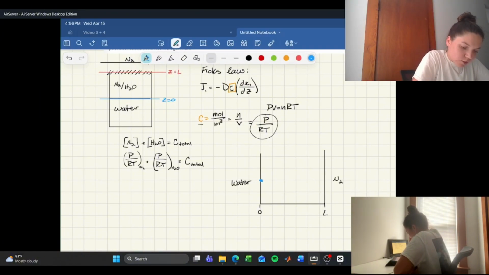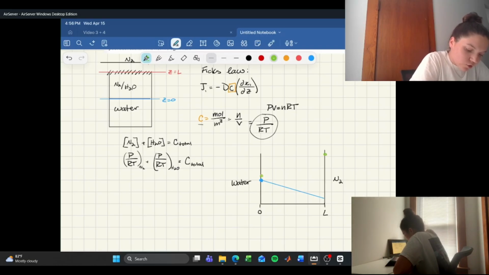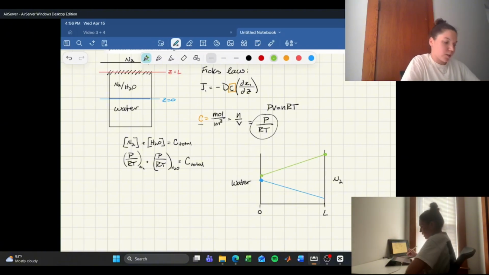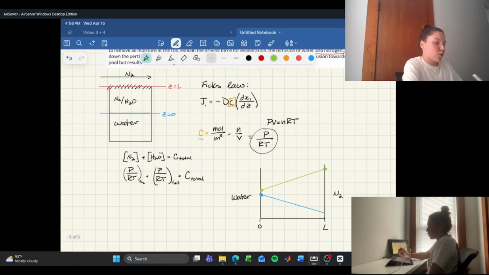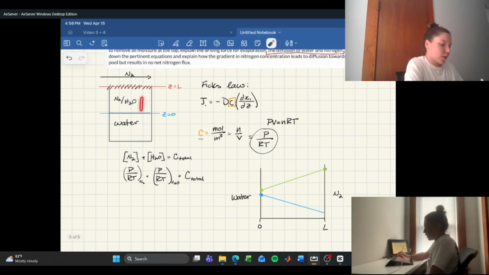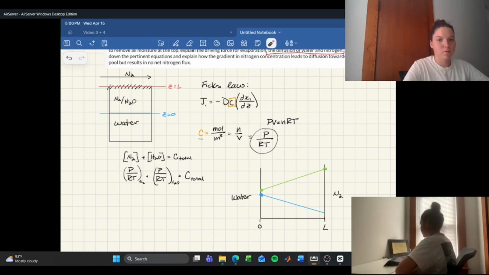So you said that water was decreasing as you get further away from the interface. The opposite is true, or it's in the opposite direction rather, for nitrogen, where at the interface, nitrogen is at its lowest concentration, and it gets more concentrated the closer you're getting to the pure nitrogen at the outside of the screen.